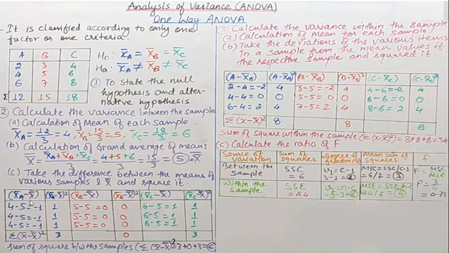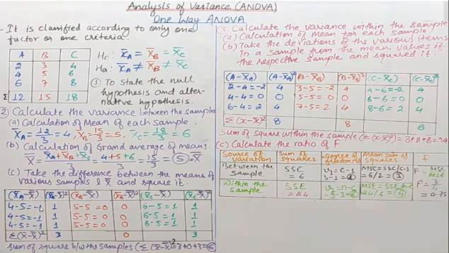So in the first column there is X A bar minus X bar. In the second column we are squaring this term. Similarly in the third column X B bar minus X bar, in the fourth column we are squaring the term. In the fifth column we have X C bar minus X bar, and in the last column we are squaring the terms.